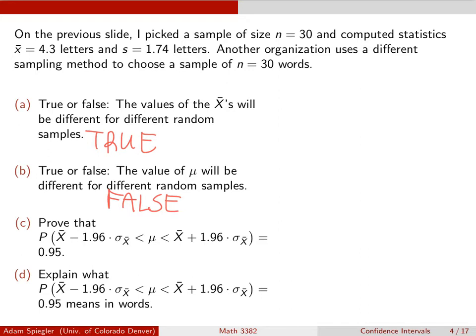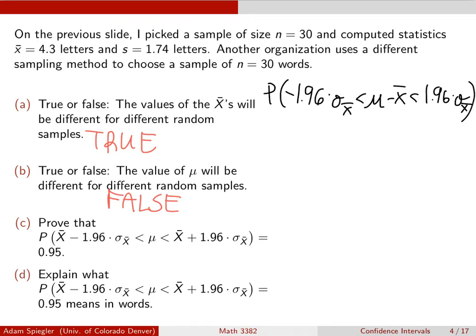So I could, first of all, subtract X bar from the first term, which would give me this. I subtract it from the middle term, which was mu, and then I subtract it from the upper limit, which was that.